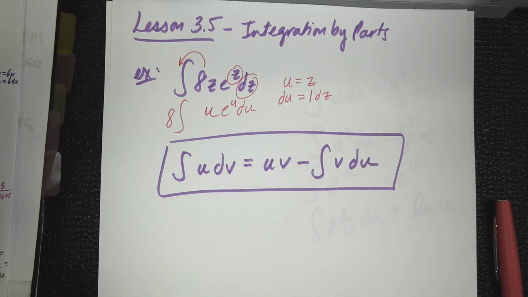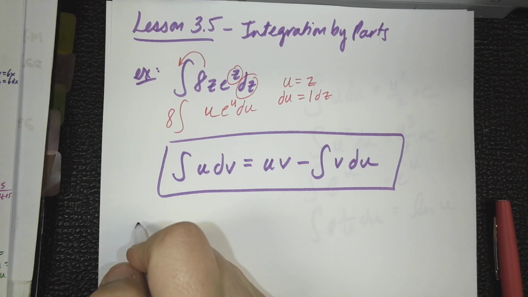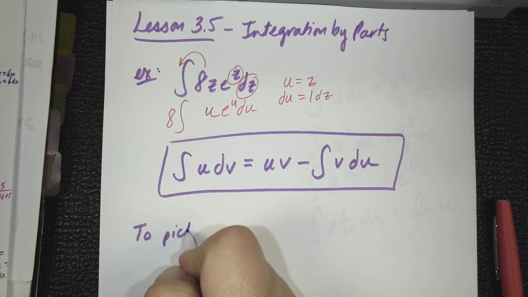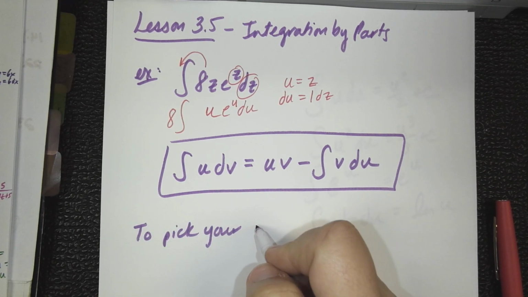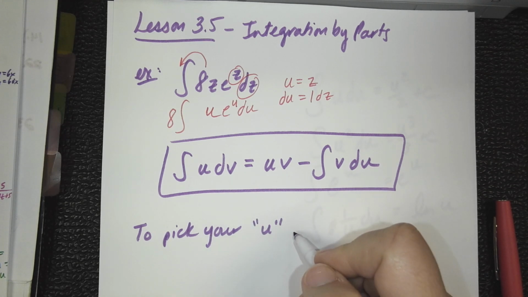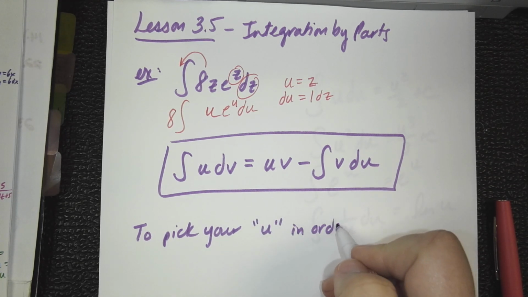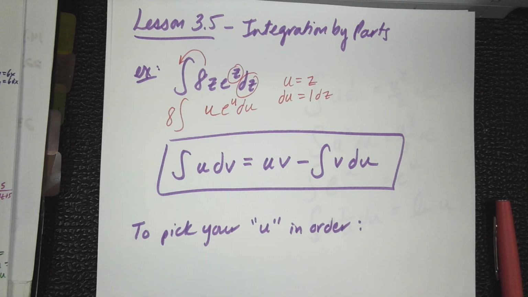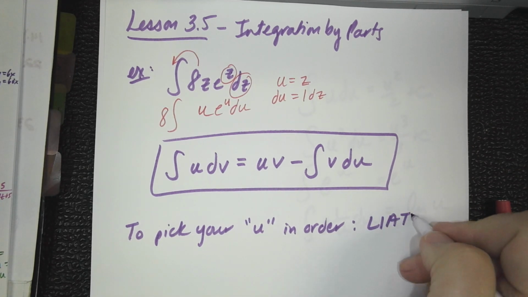Now, the first and hardest thing to do is pick your u. Just like anything, we always want to pick a u correctly. There's an order to picking u. To pick your u, in order, you use the following phrase: LIATE.